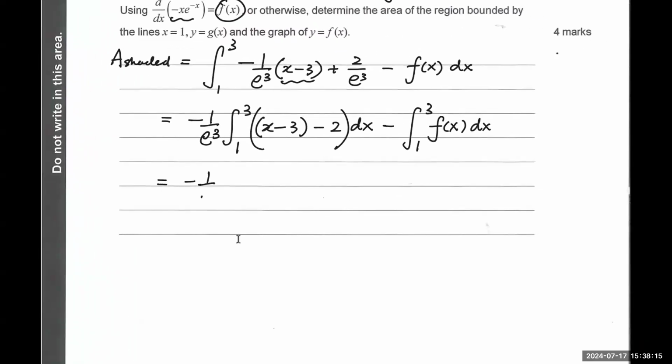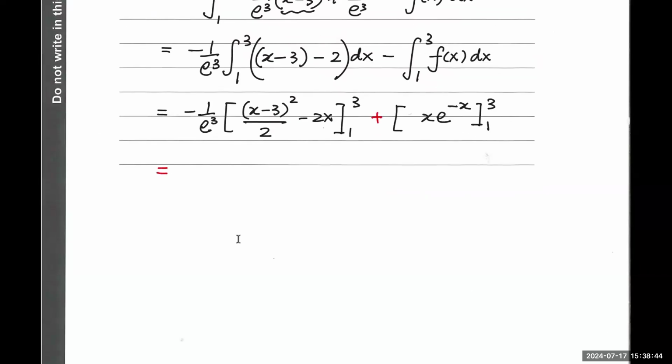So minus 1 over e to the power 3, (x minus 3) squared divided by 2, that's the square term here, minus 2x from 1 to 3. Subtracting minus x e minus x from 1 to 3. Actually, with the minus here, we can just make this an addition. So eventually what I can do is minus 1 over e cubed.